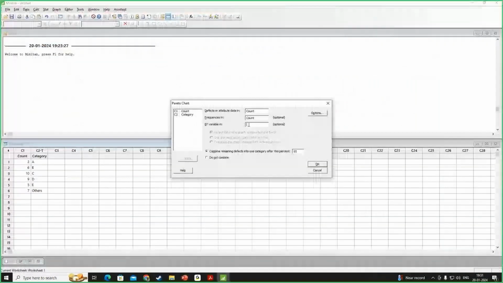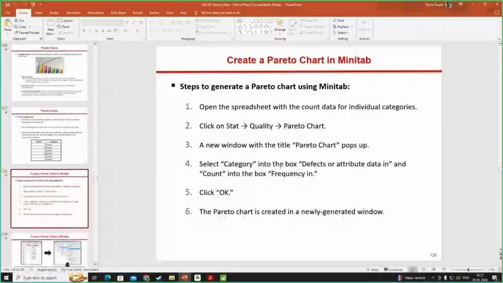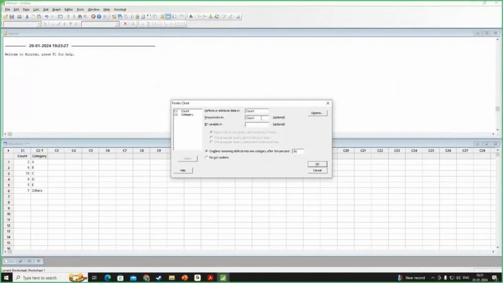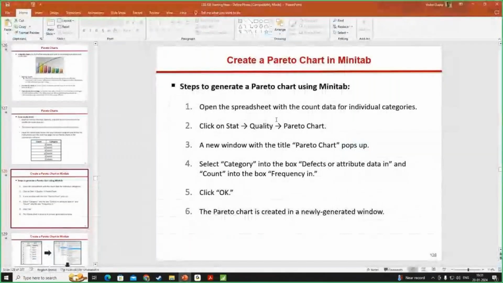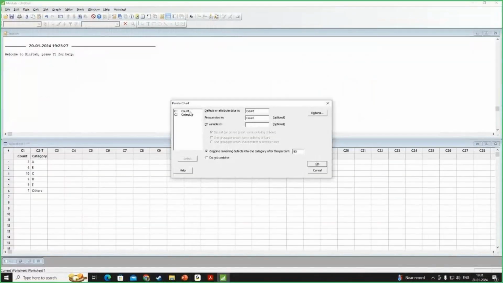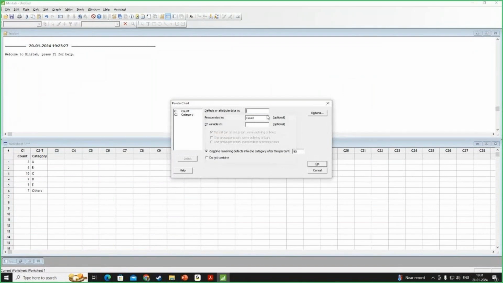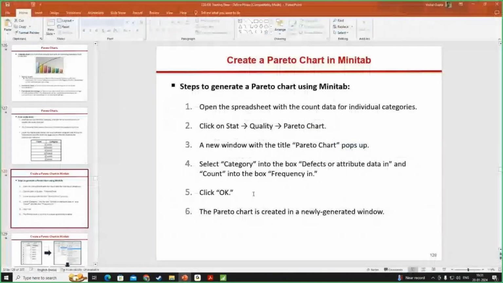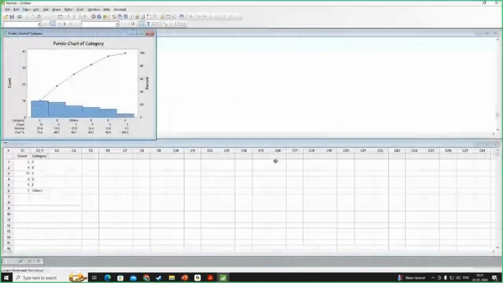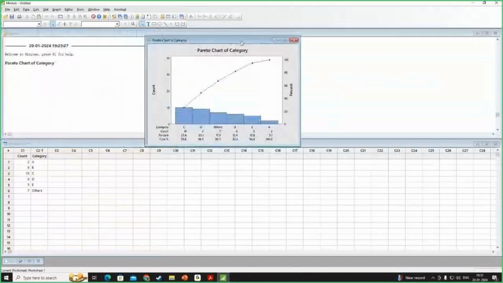Select category into the defects or attribute data box, and count into the frequency box. Okay, let's just click OK. And this is your Pareto chart ready.